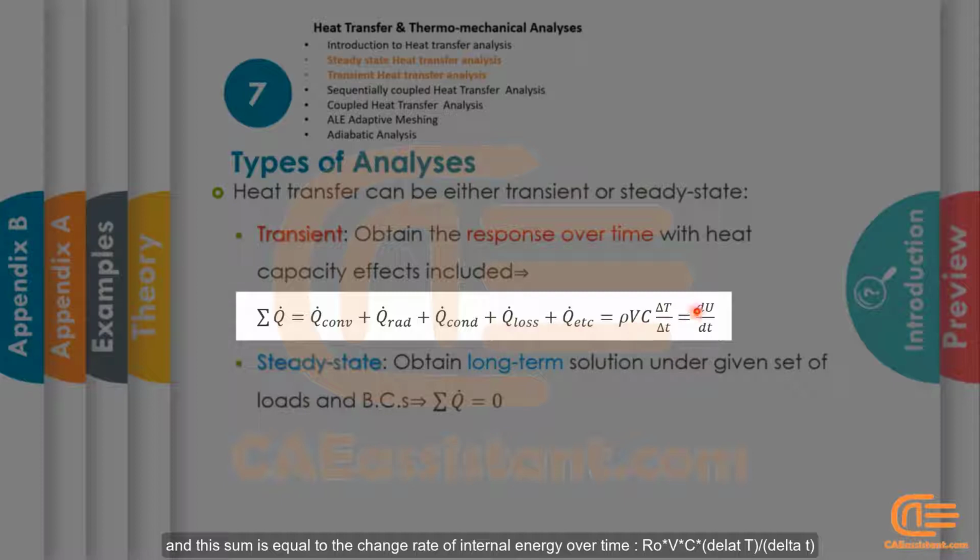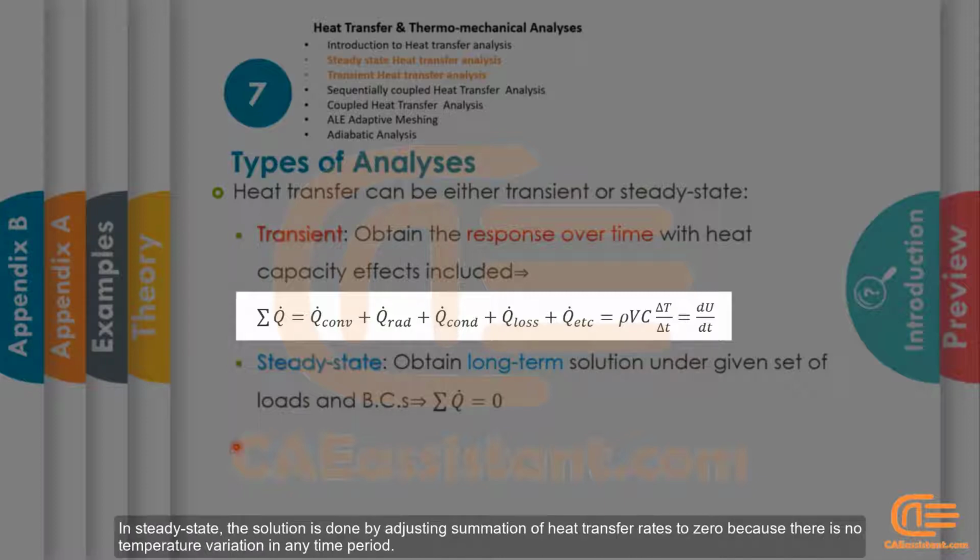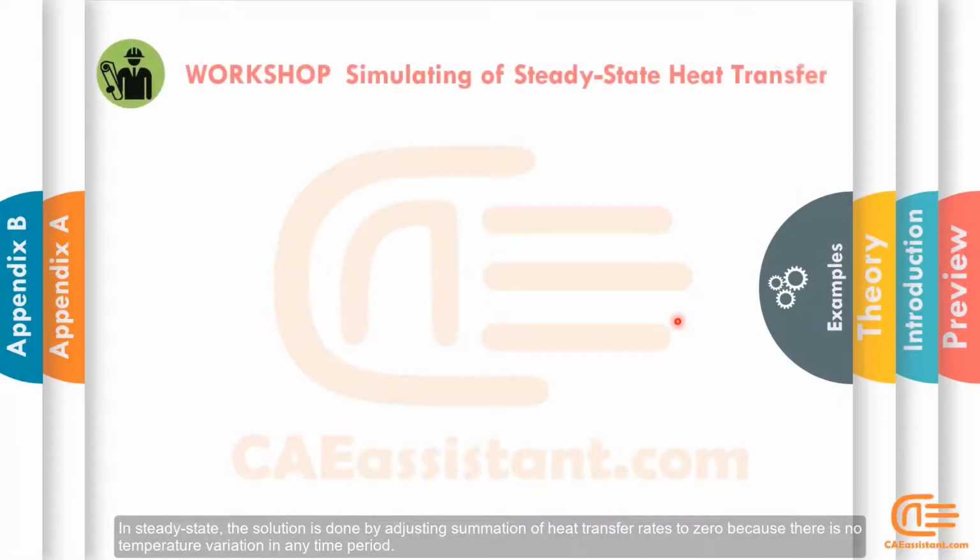And this sum is equal to the change rate of internal energy over time, rho multiplied by V multiplied by C multiplied by delta T divided by delta t. Rho is density, V is volume, C is heat capacity, and delta T divided by delta t is temperature variation over time. In a steady state, the solution is done by setting the summation of heat transfer rates to zero because there is no temperature variation in any time period.